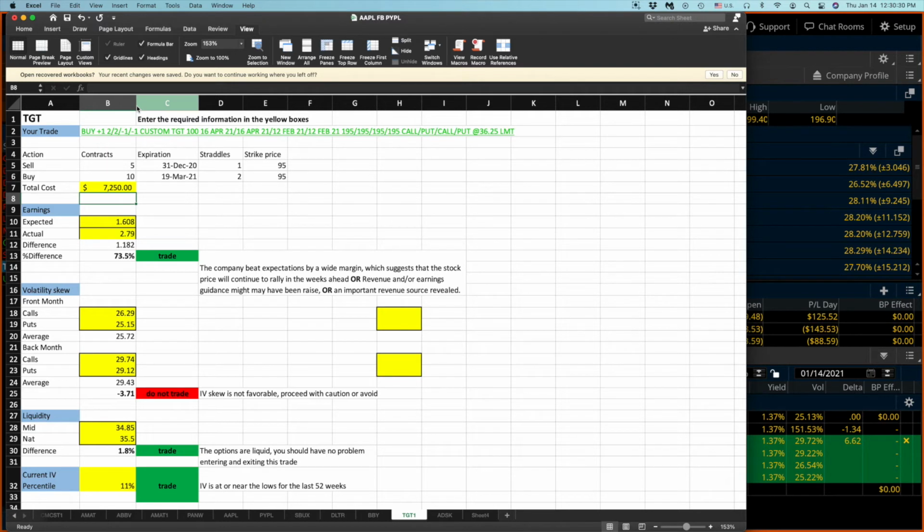So we're going to do only 2. That means 2 shorts, 4 longs. And I'm talking about straddles, okay? The strike price is 100, you can see that here. Great, so that's what we're going to enter, 2 lots.